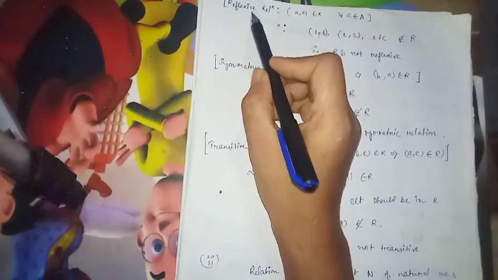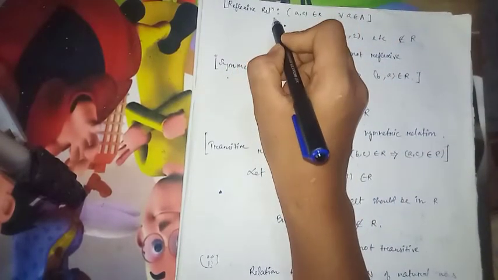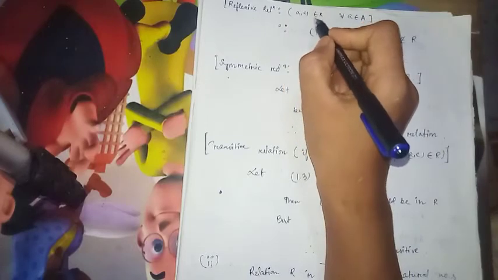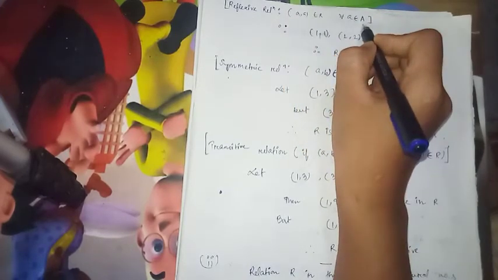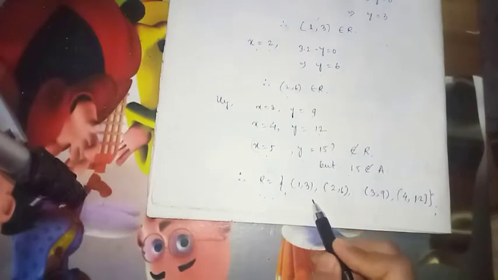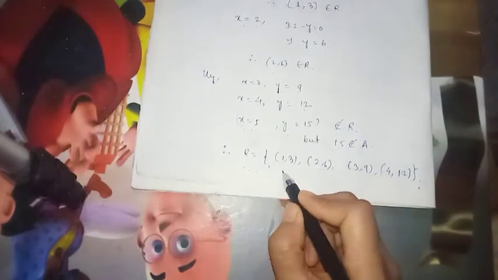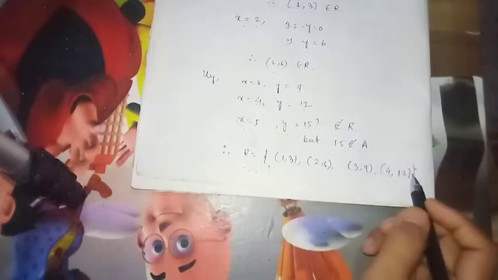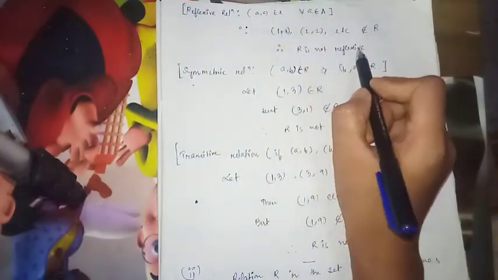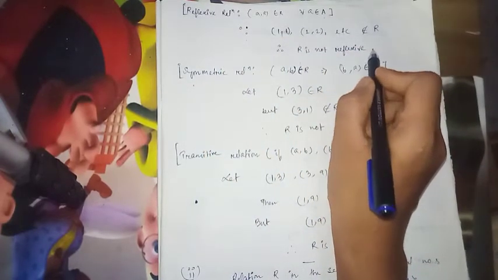The definition of a reflexive relation is that the elements must always be of the form (a, a), where a is an element from the set. Since in R there are no elements like (1, 1), (2, 2), (3, 3) etc., by the definition of reflexive relation, R is not reflexive.